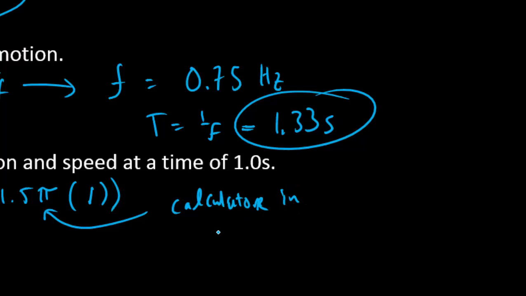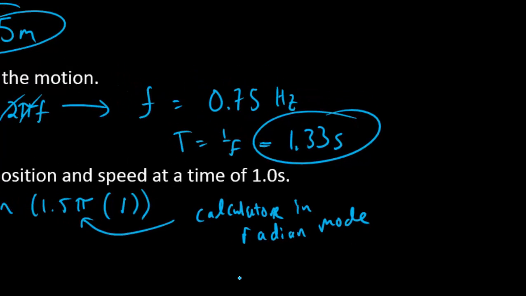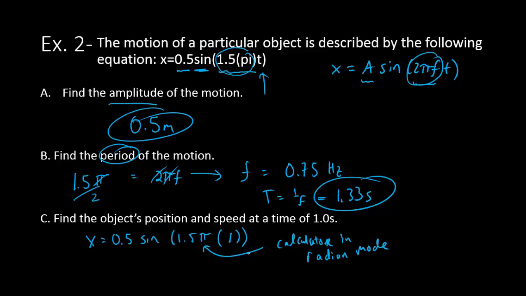So calculator is in radian mode. And so once I go back and solve for x, I find out that x is equal to 0.5 meters, and it's going to be negative.